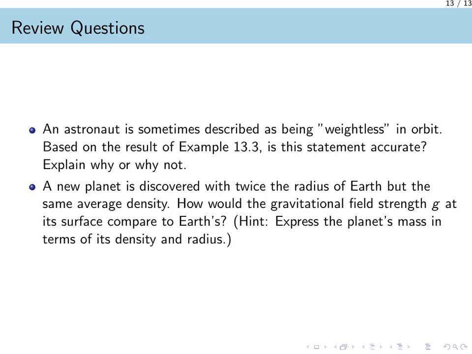Since mass is density times volume, we can write M equals rho times the quantity 4/3 pi r cubed. Substituting this for mass, we find that g is directly proportional to the product of density and radius. Because the new planet has the same density but twice the radius, its surface gravitational field will be twice as strong as Earth's.